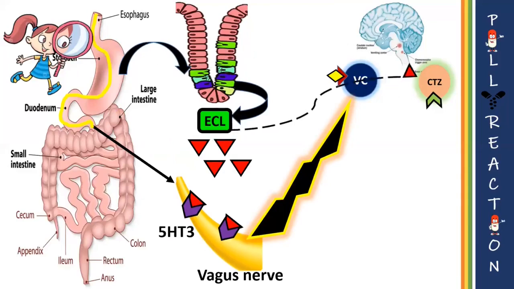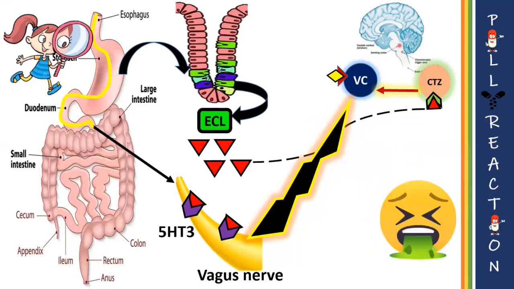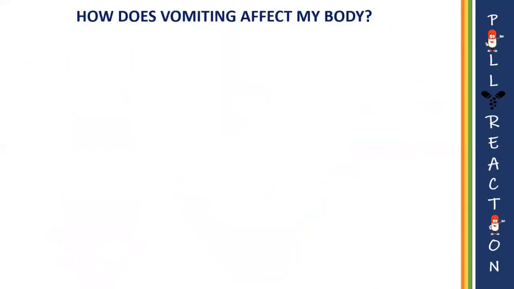And some of the released serotonin will also reach systemic circulation and bind to the serotonin or 5-hydroxytryptamine receptors on CTZ, as it lacks the blood-brain barrier, which in turn triggers the vomiting center. In summary, the main cause of vomiting is essentially to stimulate the vomiting center from which the vomiting reflex or emetic reflex is initiated. Next, how does vomiting affect your body?